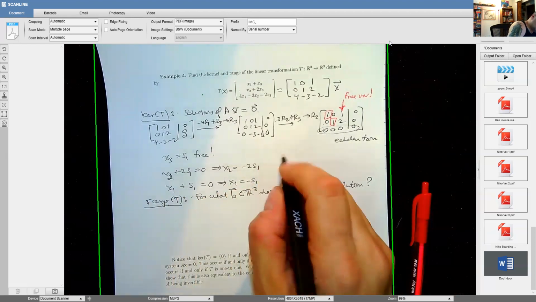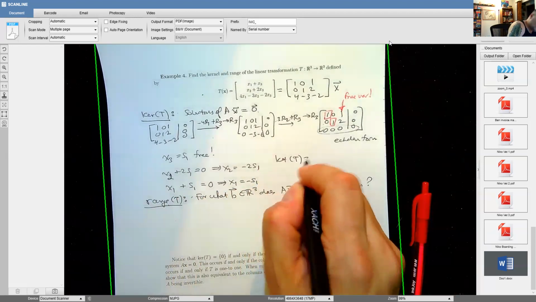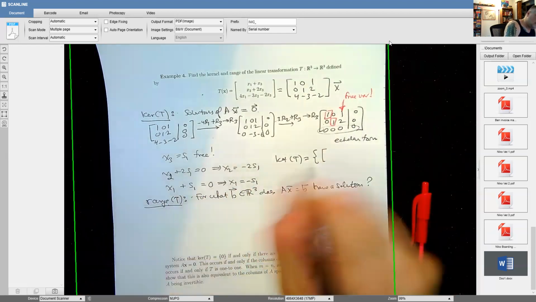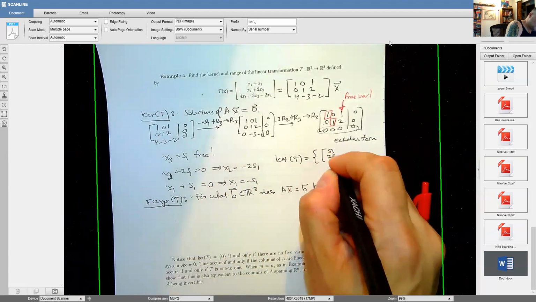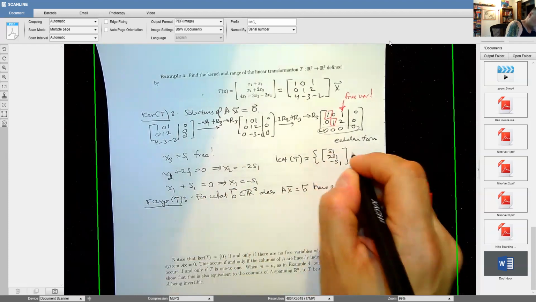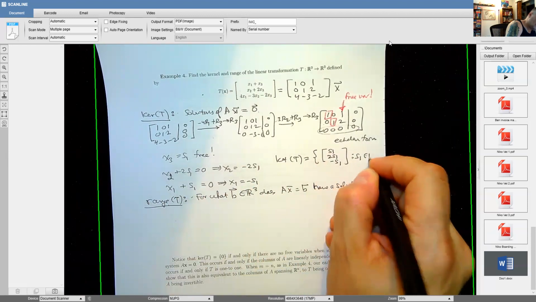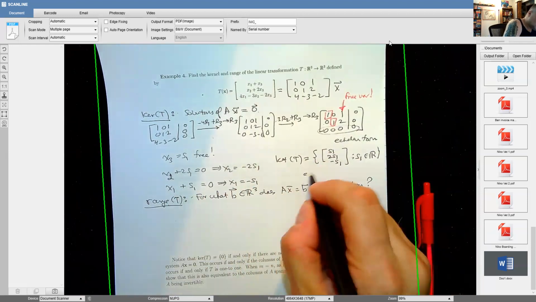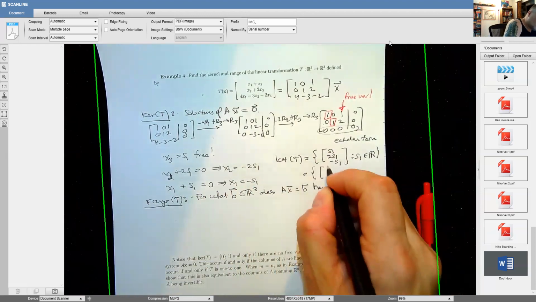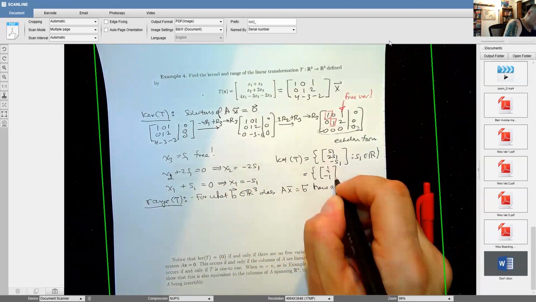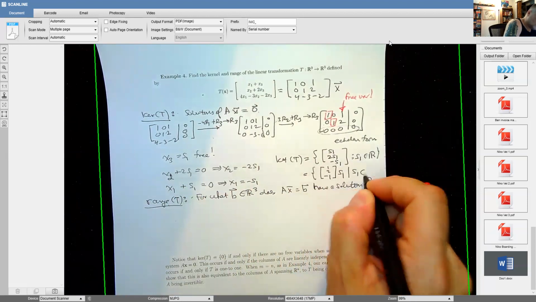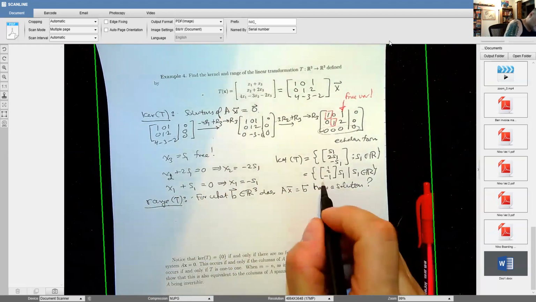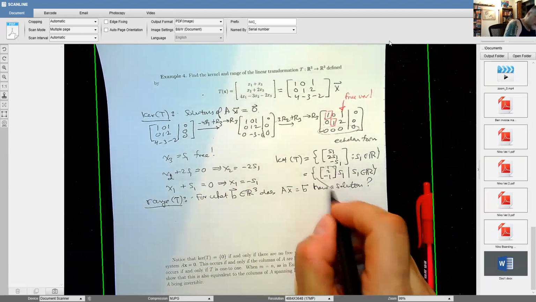And so the kernel of T is equal to the collection of all of these vectors, -s1, -2s1, s1, where s1 is in R. Okay, but it looks a little bit better to write this as the vector 1, 2, -1 times s1, where s1 is in R, because we identify that as the span of that vector.